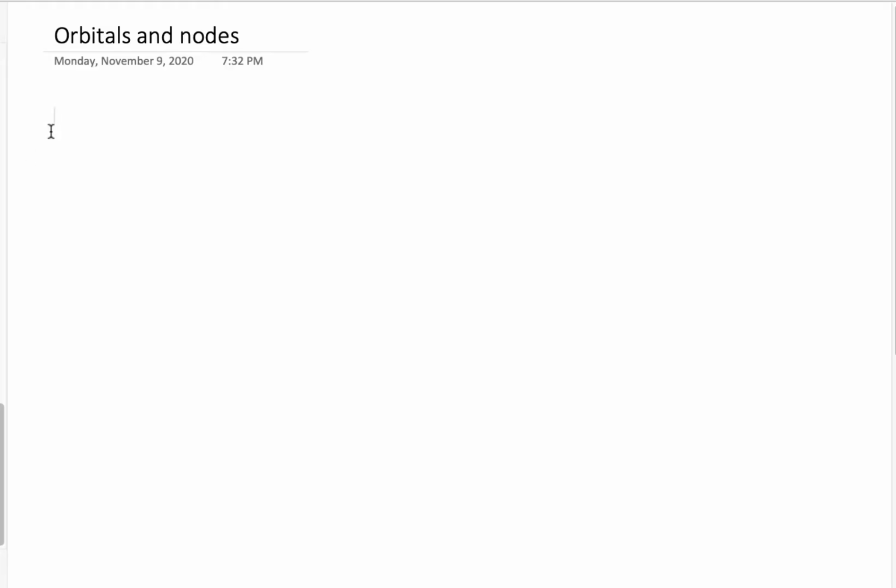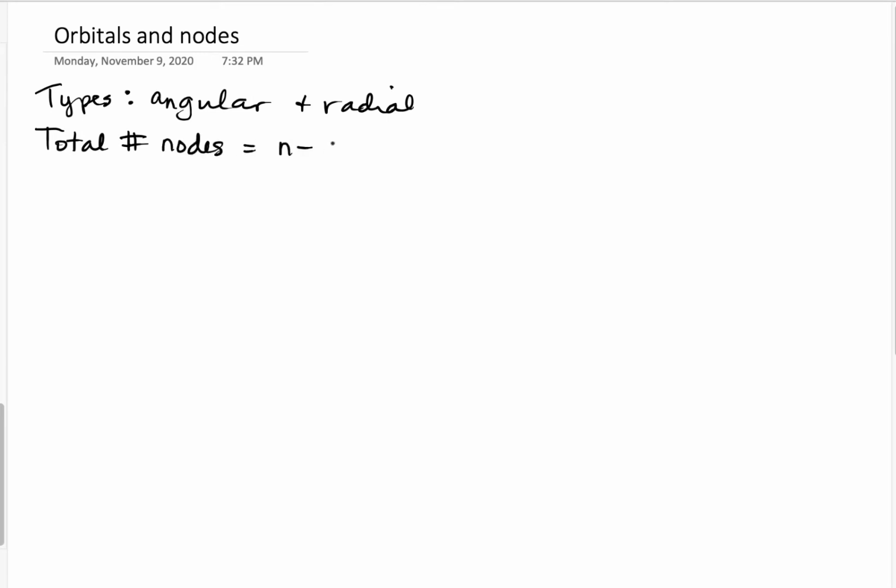So with our nodes, we have 2 types of nodes that we've discussed before, and these are angular and radial. And when we look at an orbital, the total number of nodes for any orbital is equal to n minus 1 for that orbital.